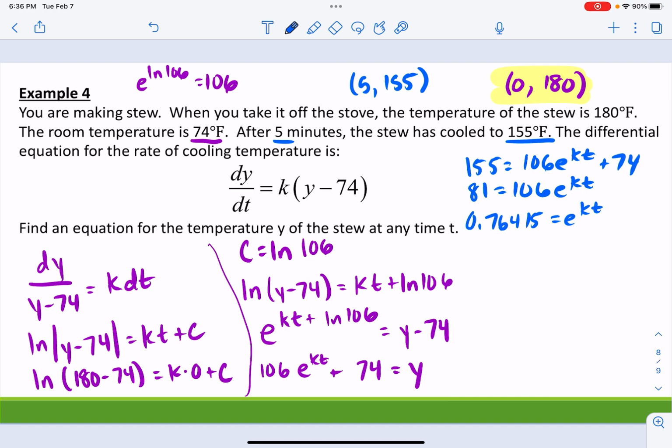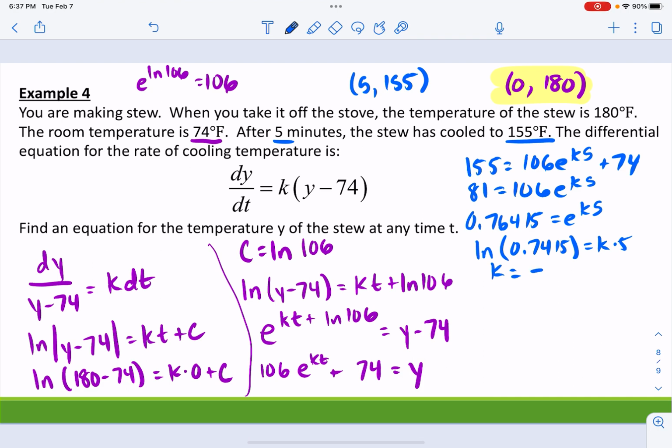But I forgot to plug in that t was 5. It's because I'm rushing and I'm actually focused on something very different right now. So the ln of this number, so I'm going to solve this. And again, what I use is the previous answer in my calculator.